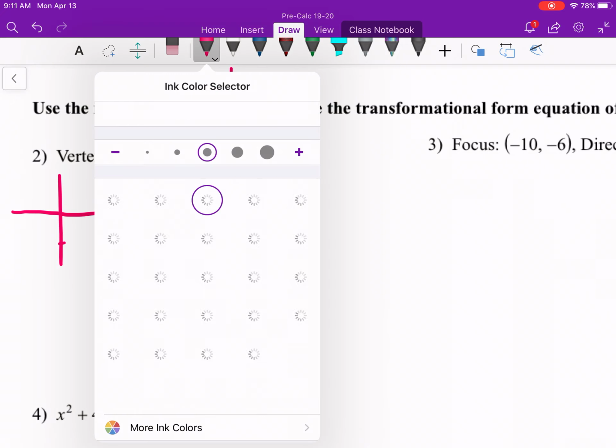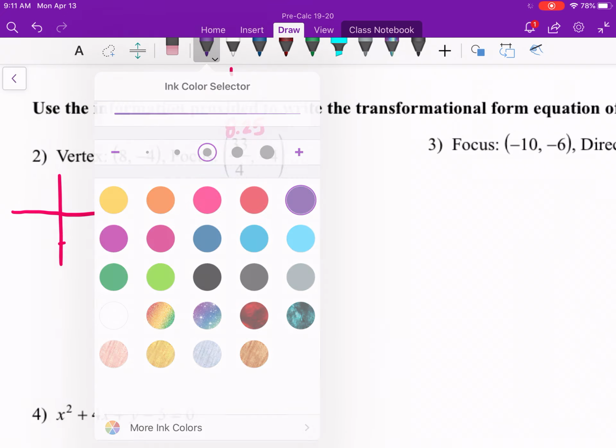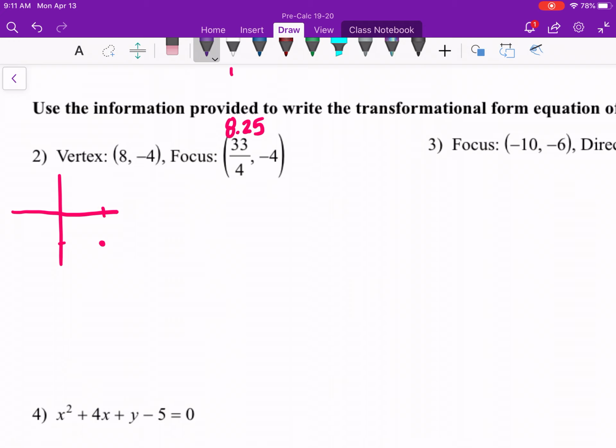What this is going to do is tell me how my parabola is oriented, and it's also going to give me that distance P. So if this was 8, -4, I need to plot 8.25, -4, that's going to be right here. Now that I know that my focus is to the right of the vertex, I now know that the parabola opens to the right.